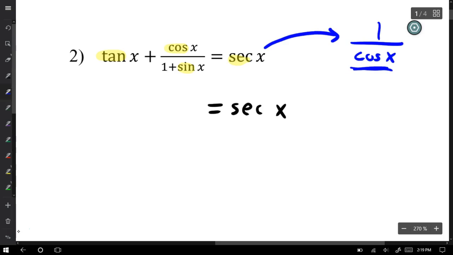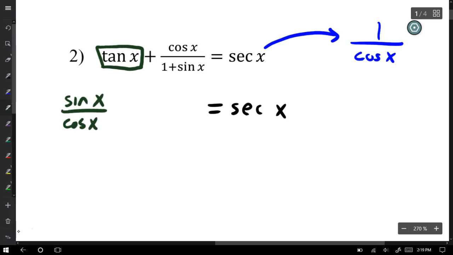So my advice is I'm going to change the left side so we have common terms. I'm going to change tangent into sine of x over cosine of x. And the other fraction already has a cosine and it has a sine.